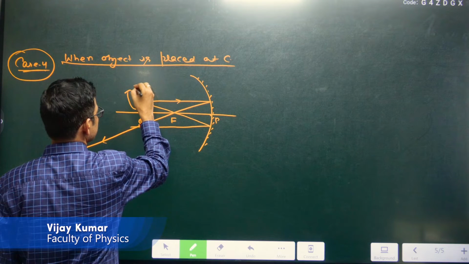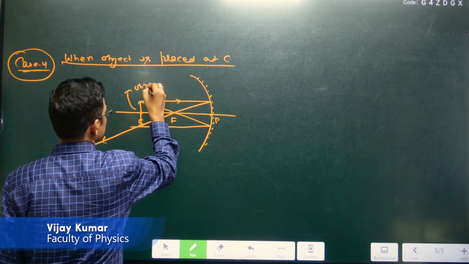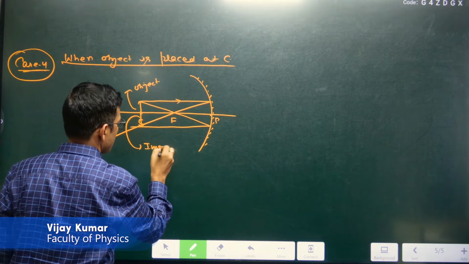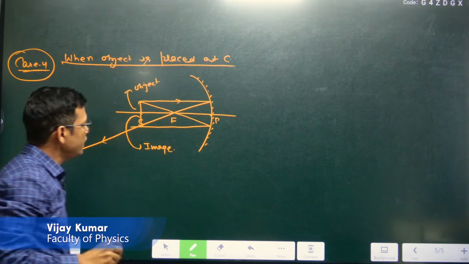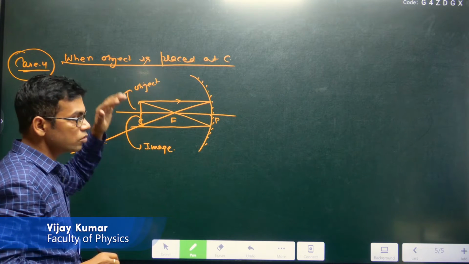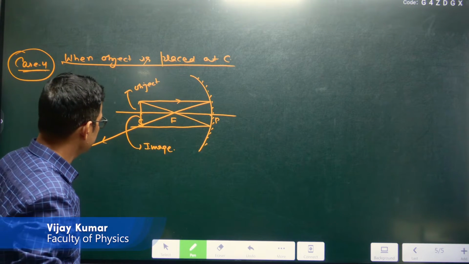This is your object and this is your image. If we analyze, we observe that the size of the object is equal to the size of the image.